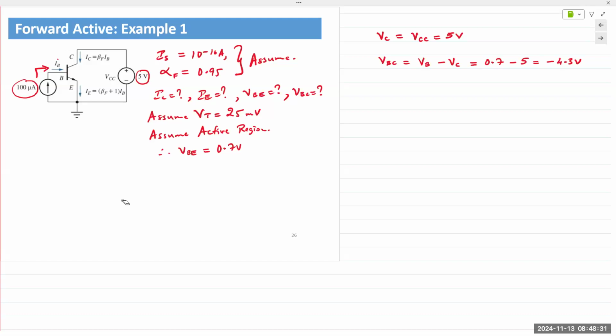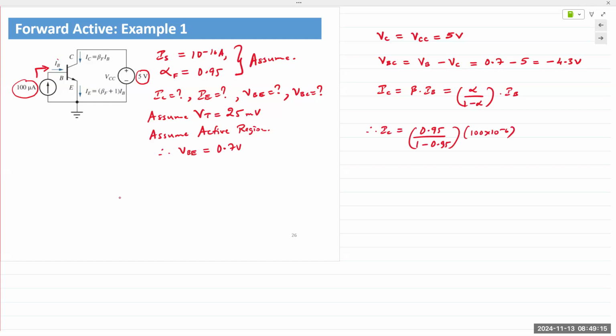Okay, so then we can find IC. IC is beta times IB. Beta is not given to us, but alpha is. So we can write alpha over 1 minus alpha times IB, and you plug in the values: 0.95 divided by 1 minus 0.95, times 100 microamps.